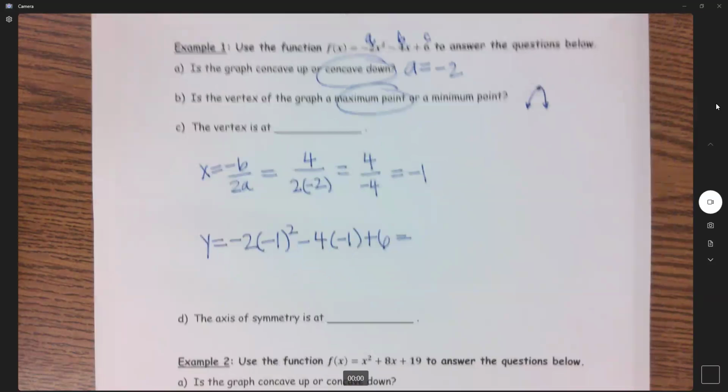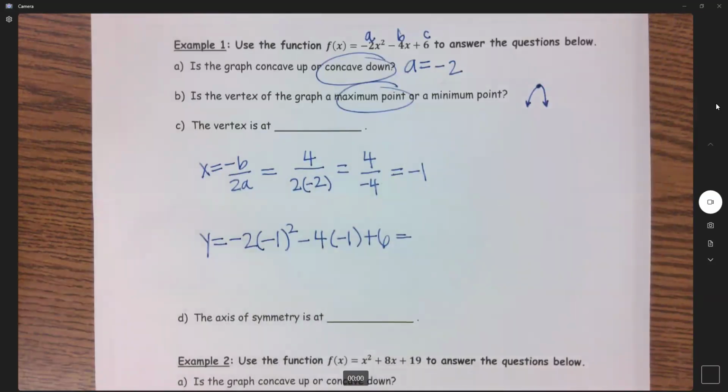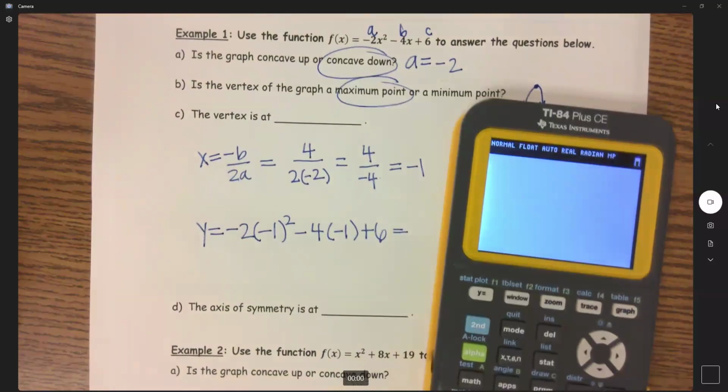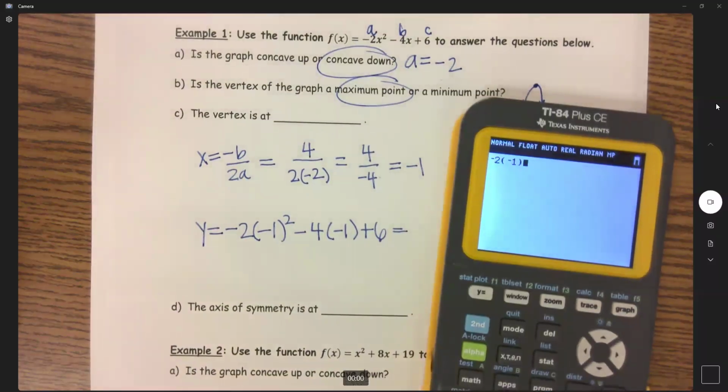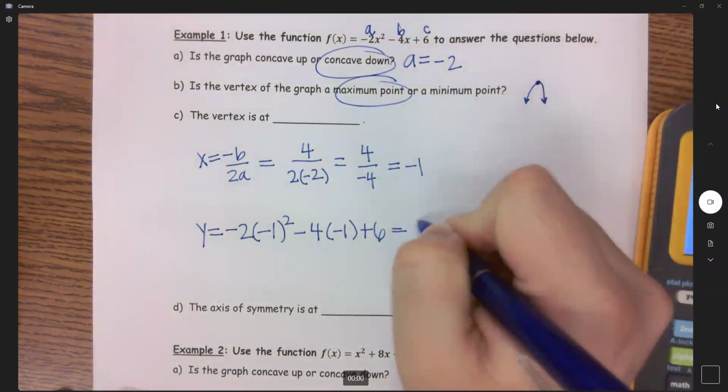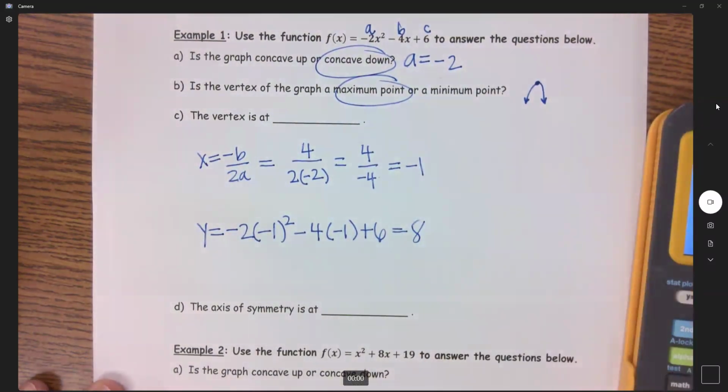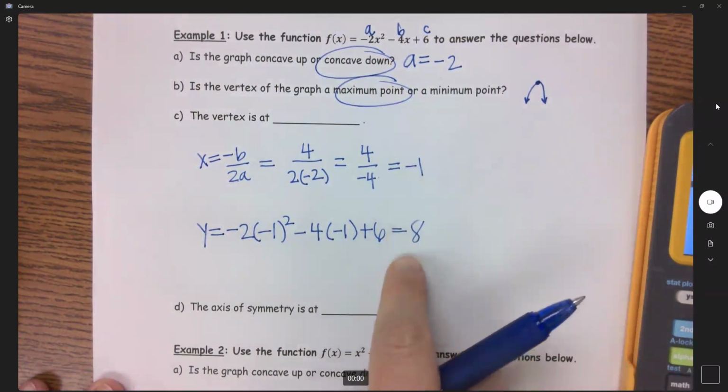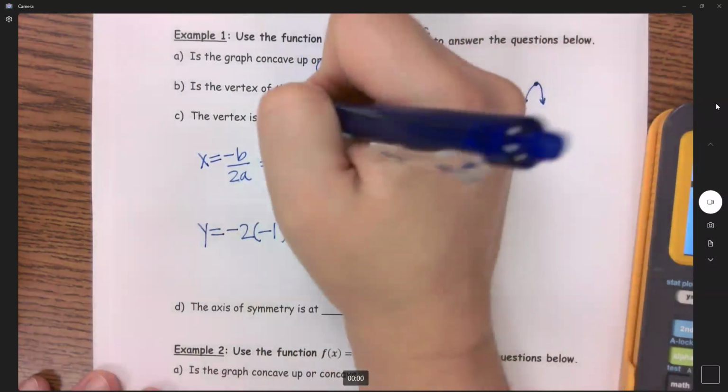You can work that out by hand if you want. I would probably just put this in our calculator. And we get 8. So my ordered pair is negative 1, comma 8. It's x, comma y.